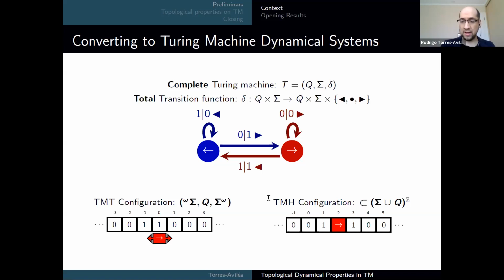Both types of system evolve following the instruction in the following manner, but in the case of TMT, it is the tape that moves instead of the head, and in the TMH configuration, it is the cell that has the actual state that moves to the left or right, like this.